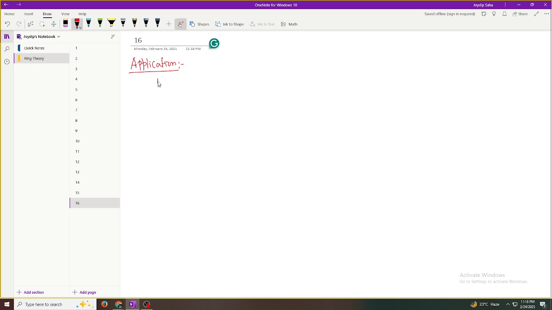Number 1, let R be a ring and alpha belongs to R. Then Rx mod x minus alpha is isomorphic to R. That is not application. I should write application after this. This is an observation. After this, the application.